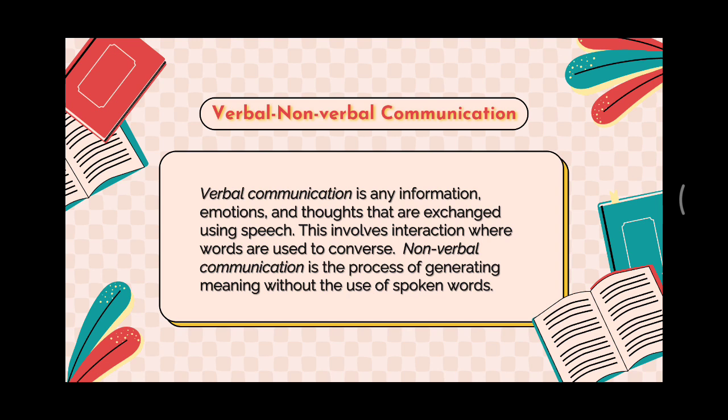This is composed of both verbal, which is the thoughts, information, and emotions expressed through speech, and the non-verbal, which is the process of communication without the use of spoken words.